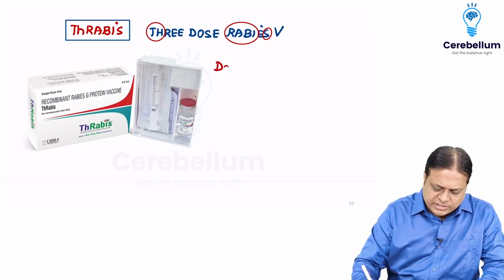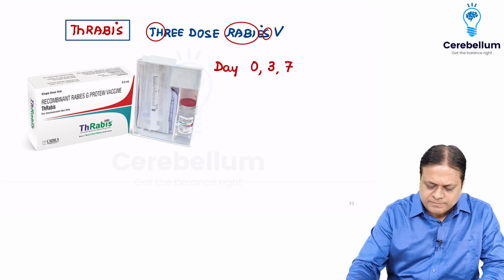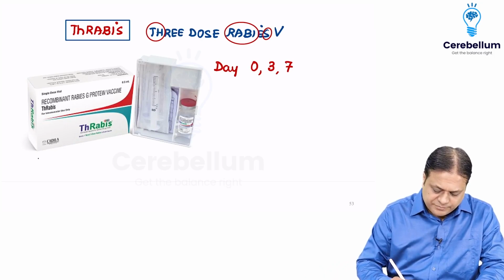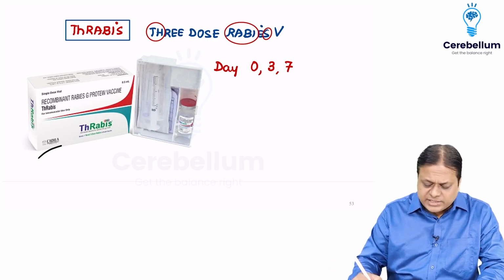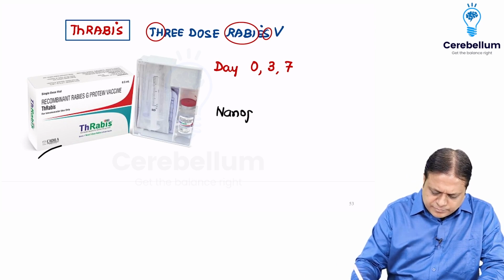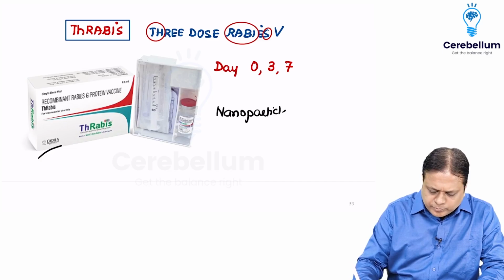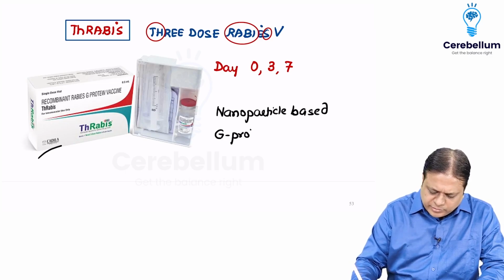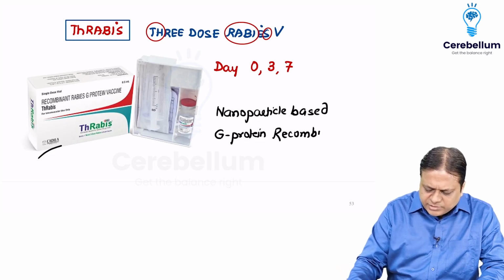So, we will give it as early as possible, day 0, 3, 7. This vaccine, which has been produced by Cadila, is a type of nanoparticle based G protein recombinant vaccine.